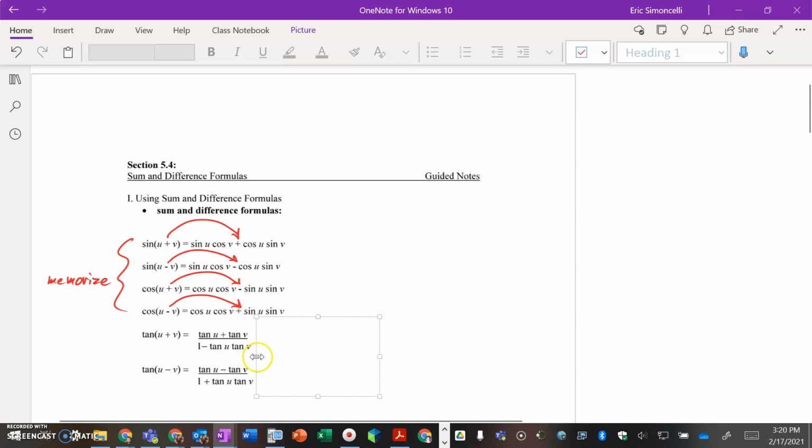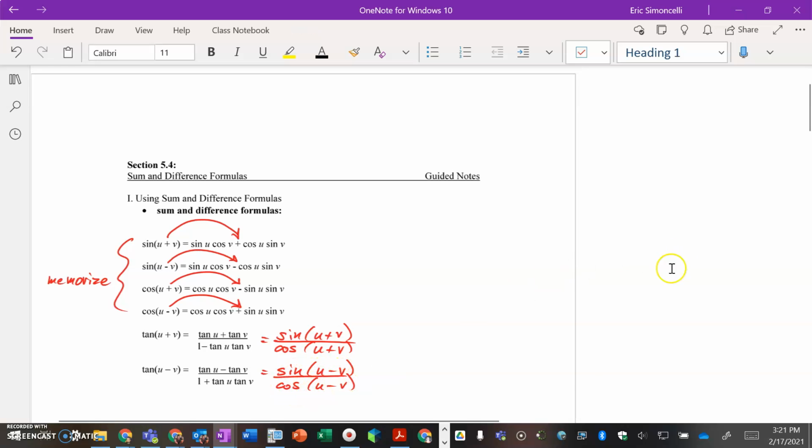A different version for both that would be something to consider: the sine of u plus v over the cosine of u plus v, but also the other version, sine of u minus v over cosine of u minus v. Those are two versions to consider as you're doing this. And then, of course, sine of u plus v and cosine of u plus v can be related back to these two up above, as can the sine of u minus v and cosine of u minus v be related back to the second formula and, of course, the fourth formula.